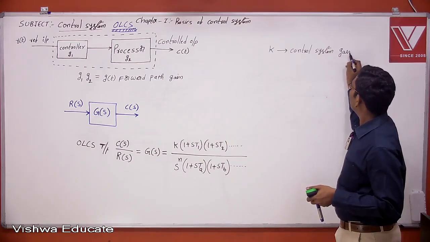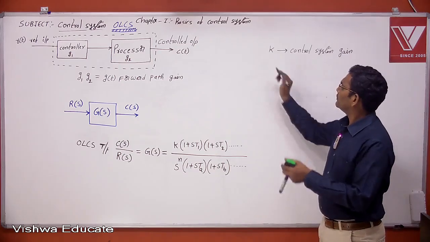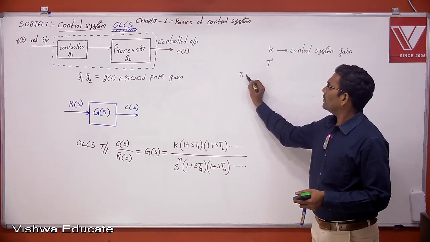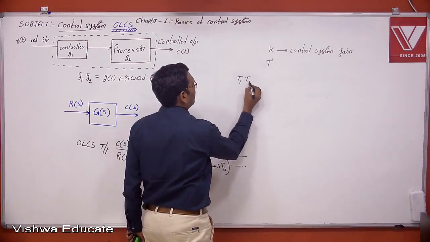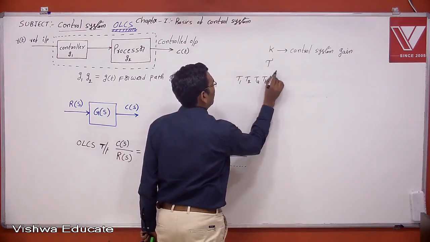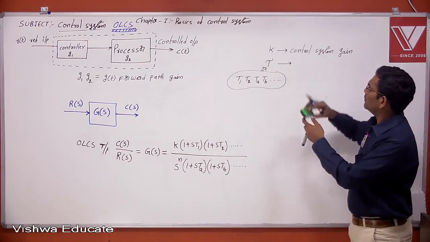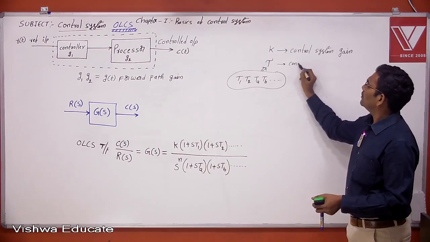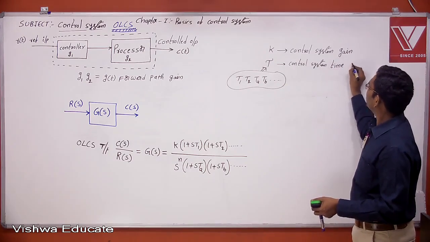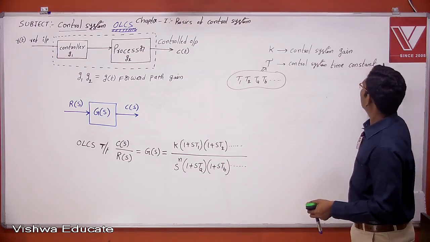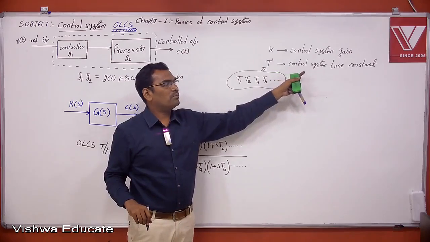Here T1, T2, Ta, Tb and so on are the control system time constants.